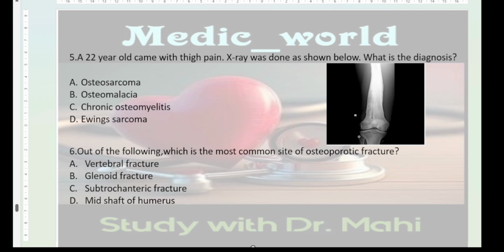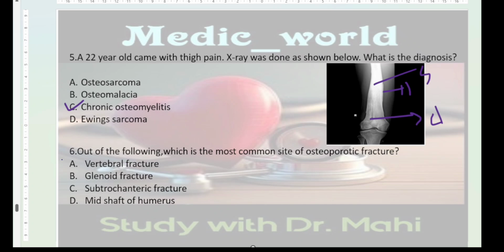So all these three components are present in osteomyelitis. So the answer to this question is chronic osteomyelitis. Just identify these structures. This is the cloaca. This is the involucrum. And here is the sequestrum.